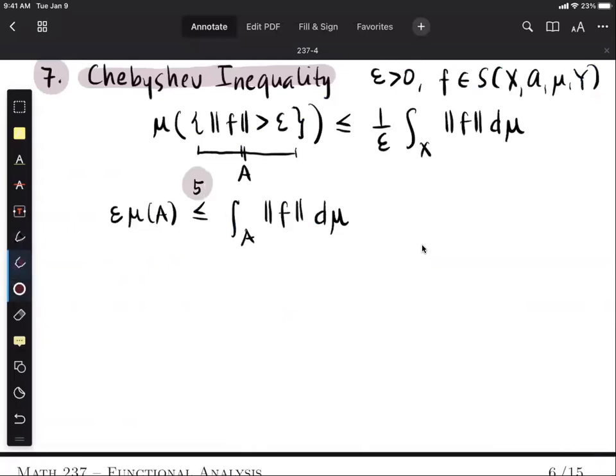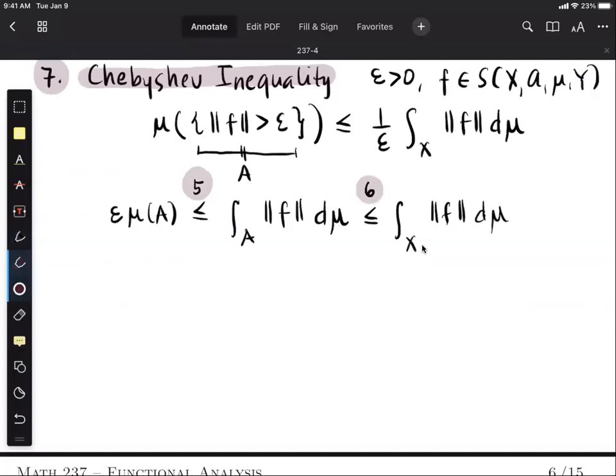Okay. Now, since the norm of f is a non-negative function, if I integrate over the set X, which is larger than A, then the integral over X must be larger than the integral over A. So this is property 6.